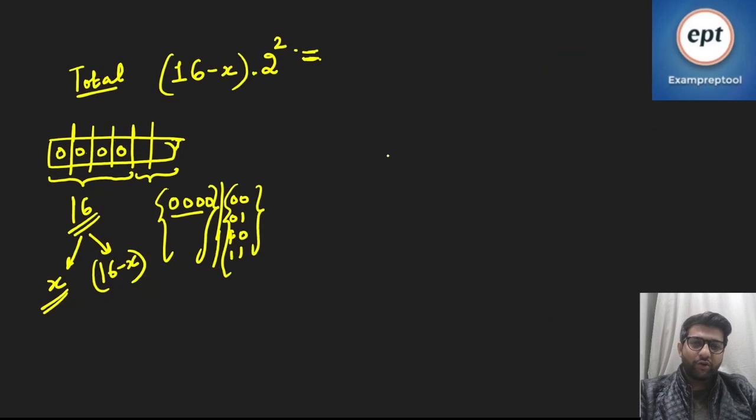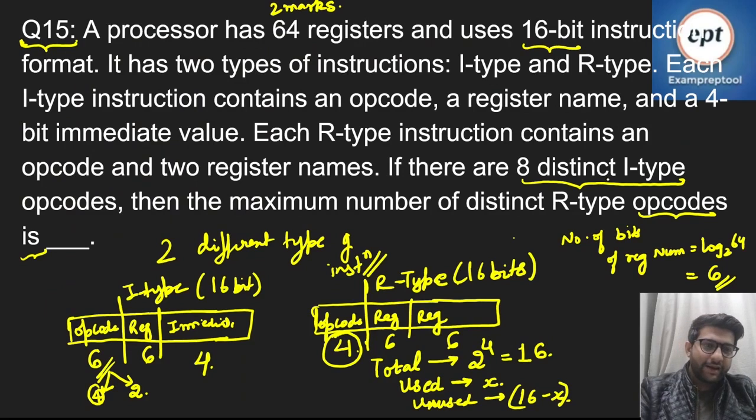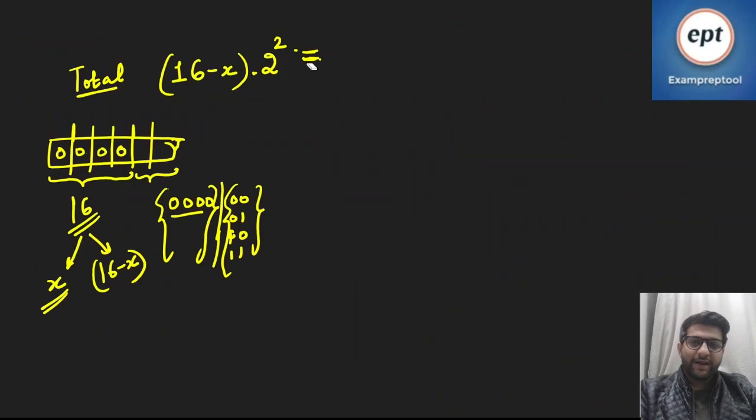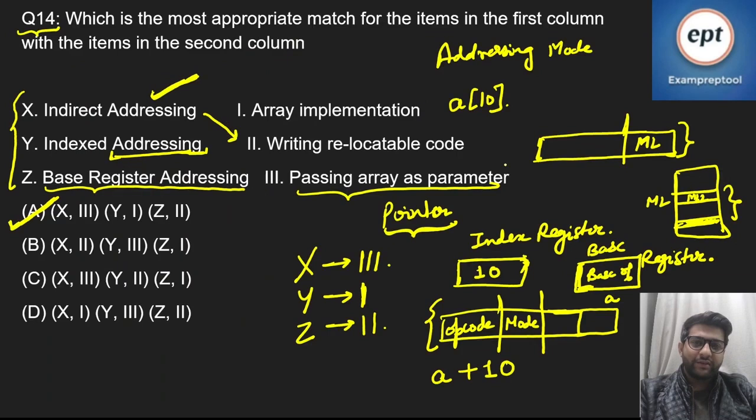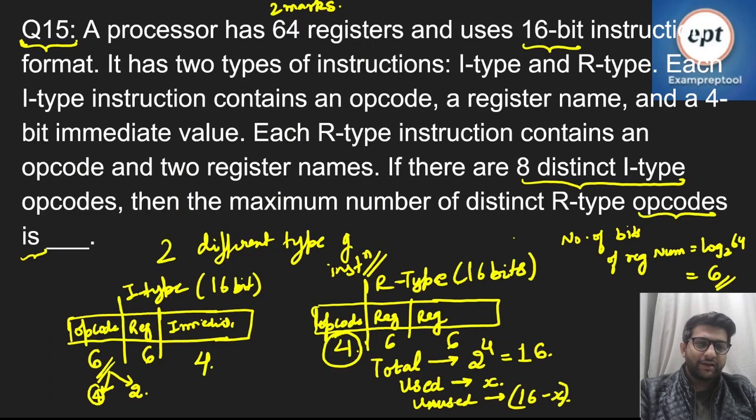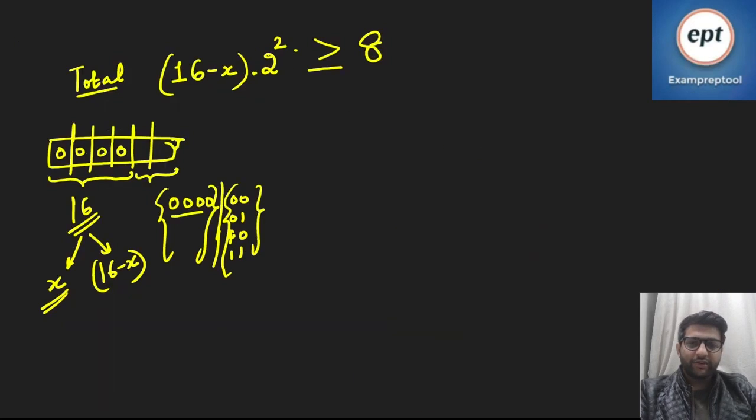Now, the question is saying that there are 8 distinct I types, right? So this means that this particular value should be greater than or equal to 8, right? Because it is saying it supports 8 distinct I type instructions. So if we solve this, this will be 8 divided by 4, which is 2, and 16 minus 2.